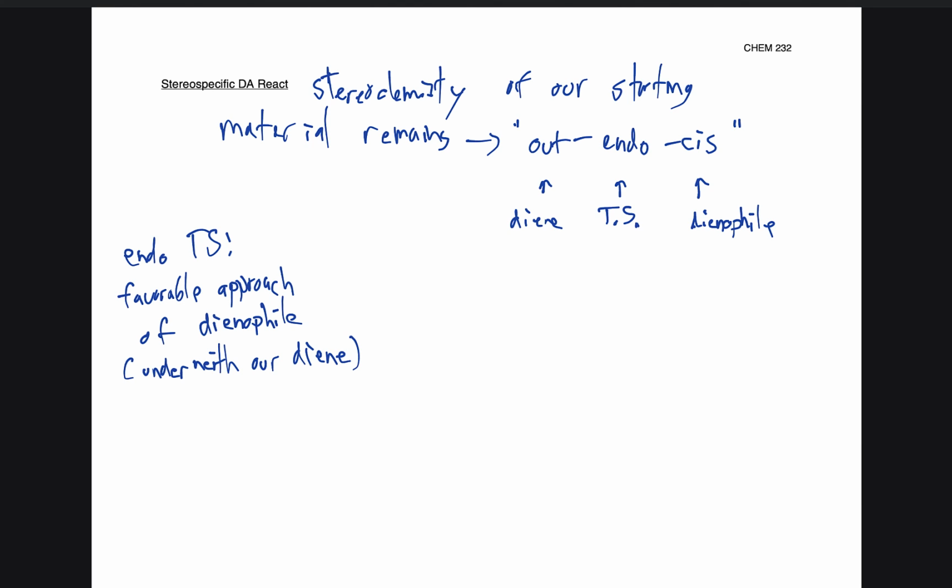So the dienophile is going to be kind of coming underneath our diene here. So when that happens, it's going to look like this. So we have our diene plus, here we have a dienophile, right, with our electron withdrawing groups on it.